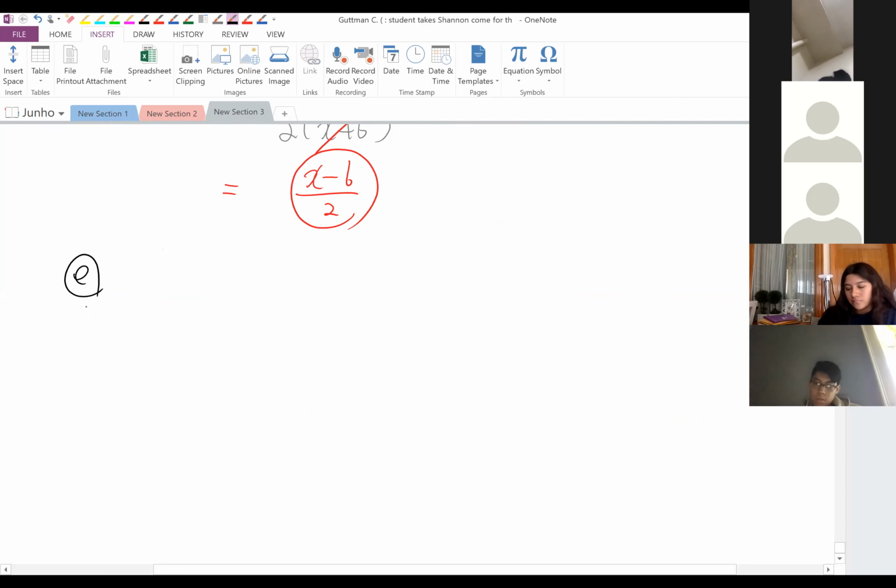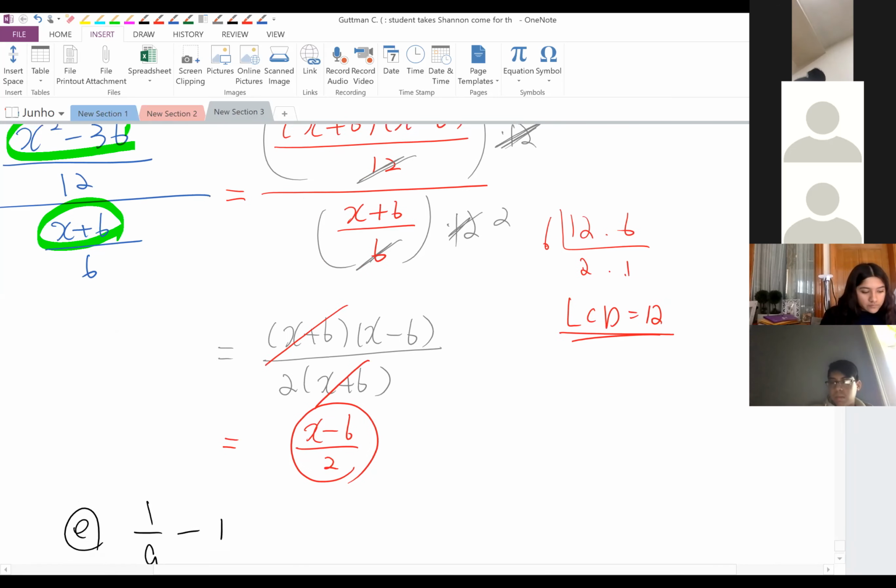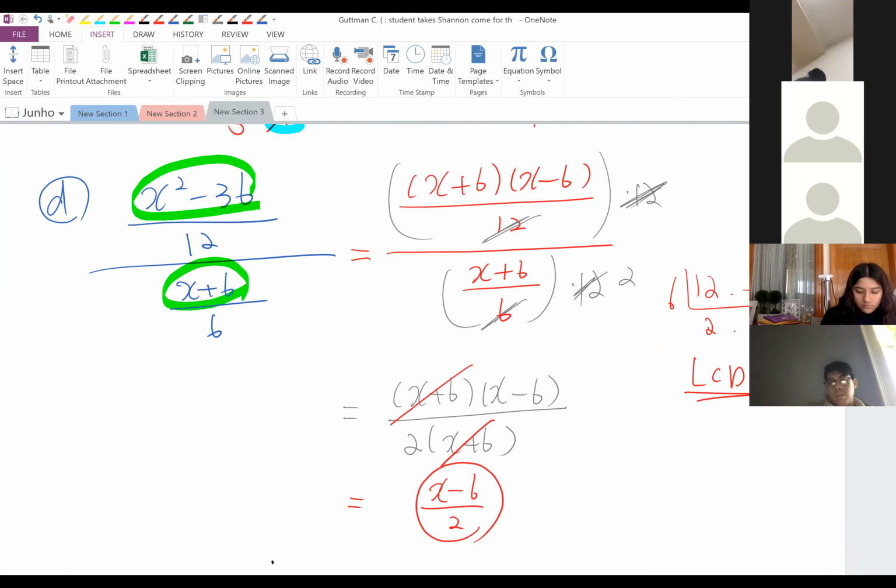E is 1 over a minus 1, over 1 over a. Okay. Can you find the common denominator between the numerator and the denominator? A. Okay, so let me tell you the difference between E and D here. In D, we have numerator over denominator and numerator over denominator.